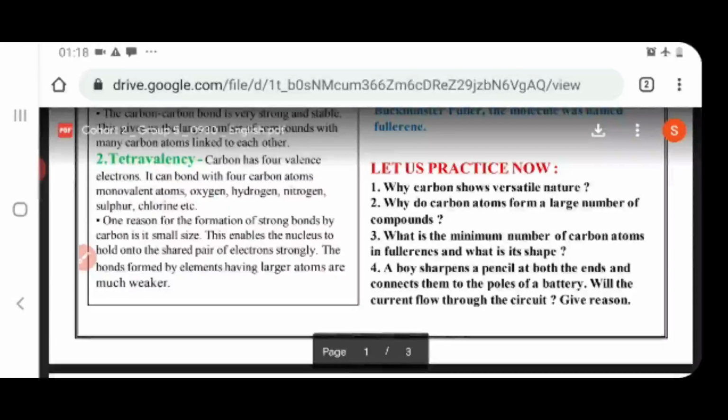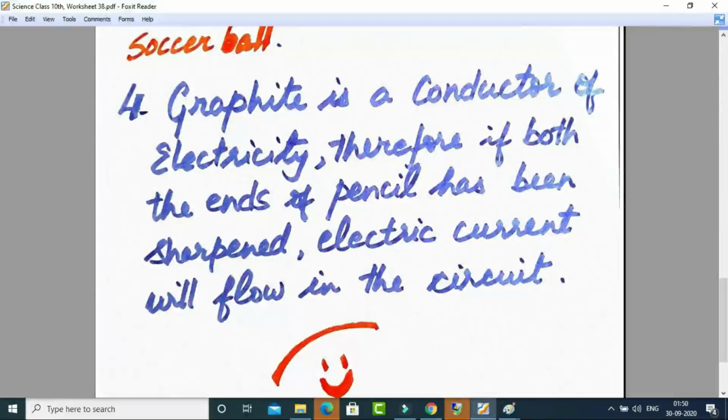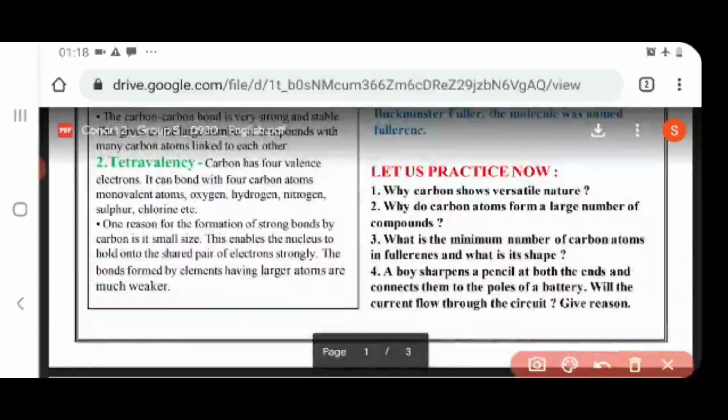Will the current flow through the circuit? Give reasons. Since graphite is a conductor of electricity, if both the ends of the pencil have been sharpened, electric current will flow in the circuit. Electric current will flow because graphite is a good conductor of electricity.